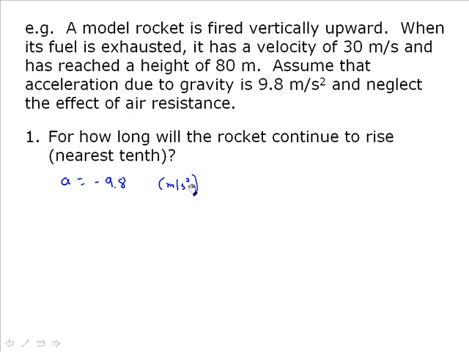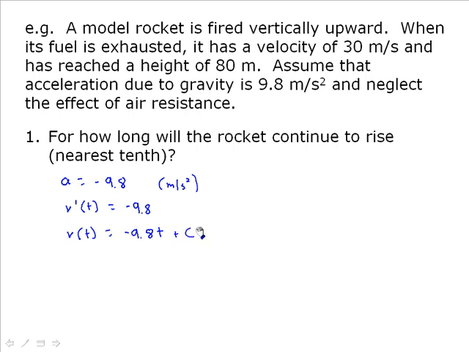As a result, if we want to get the velocity function, we note that v prime, the derivative of the velocity function, must be equal to -9.8. So if we take the antiderivative of the acceleration function, we'll get v of t is equal to -9.8 t plus c.